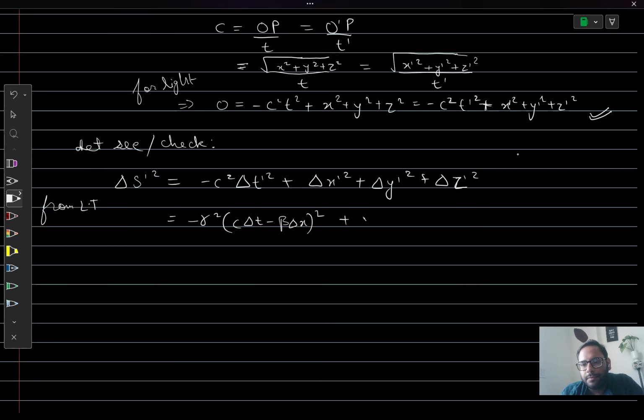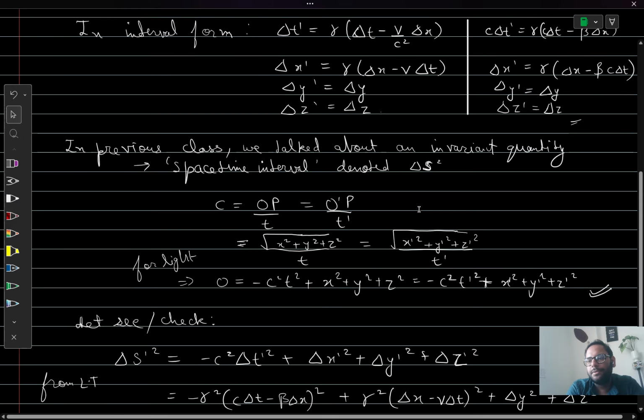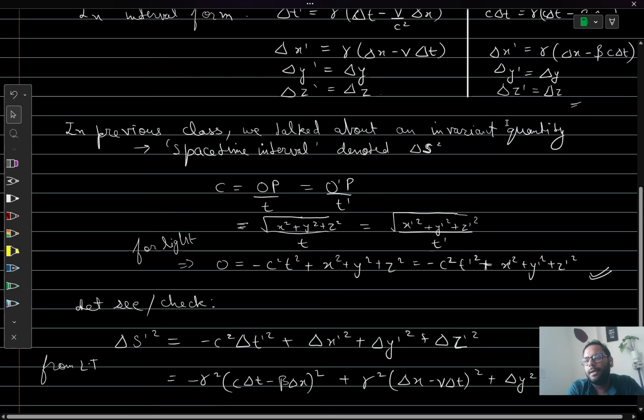And this one will be gamma squared (delta x minus beta c delta t) squared, plus delta y and delta z, which are already invariant under these transformation equations because they are the same.